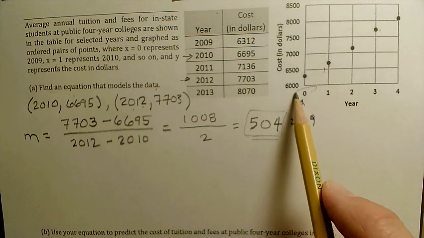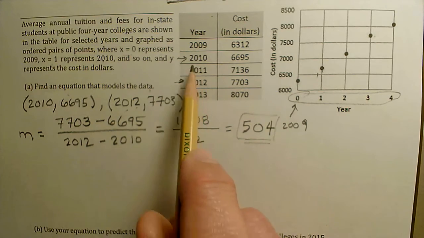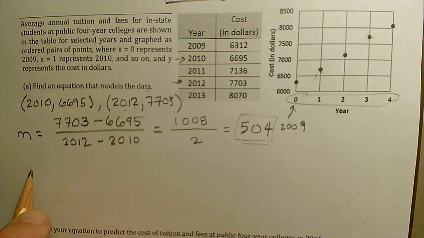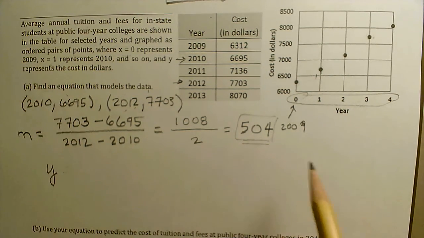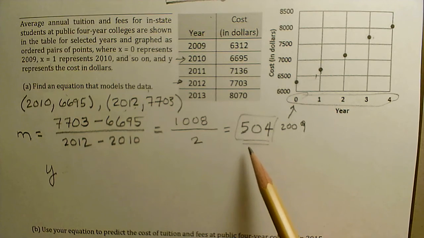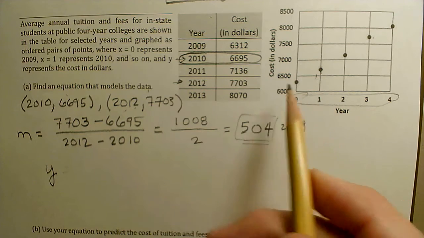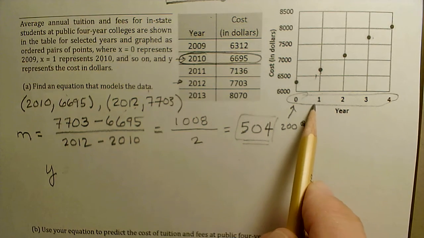I think I will use these when I go to plug points in, because we're trying to look at the graph. So I'm going to do point slope form. I'm just going to use this point that we used here, and instead of 2010, I'm going to count that as just 1.